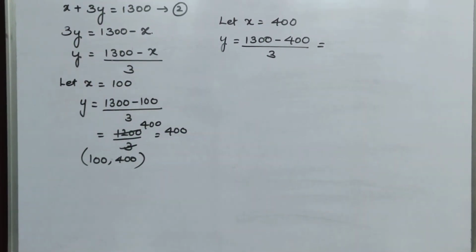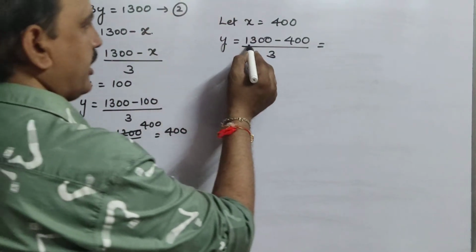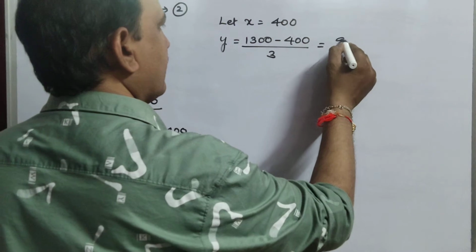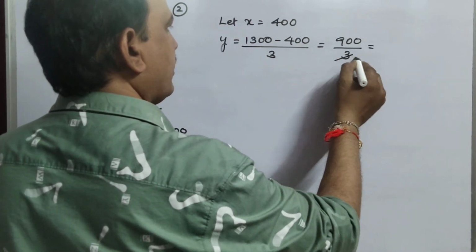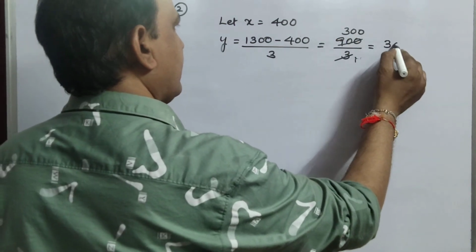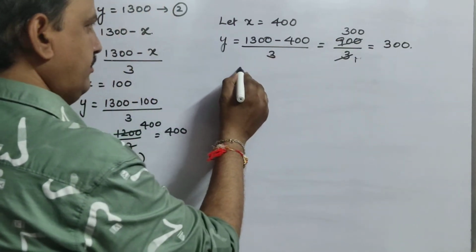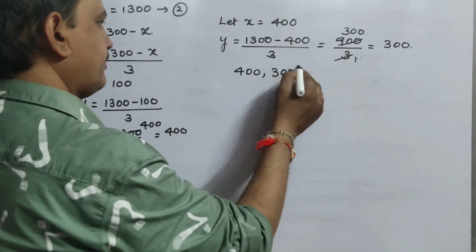Okay children, now see here, I took 400 and substituted here. Now 1300 minus 400 is 900 by 3. So 3 threes are 9, 0, 0. That is 300. That means (400, 300).